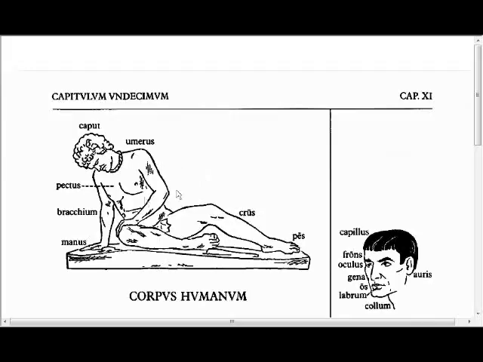Body parts. I think one of the more difficult parts of learning them is to remember the genders, because you have many neuter or many third declension body parts, and they all have their own gender.